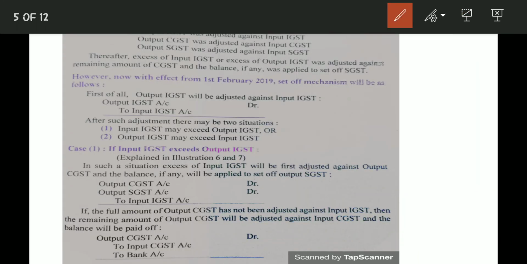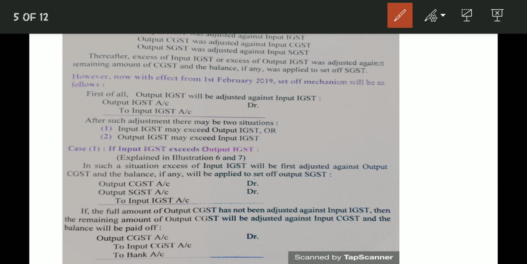Okay, if input GST exceeds output GST, what is input GST? When we pay GST on purchase, it is called input GST, and when we collect GST from our customer, it is treated as output GST. Okay, so how do you treat them?